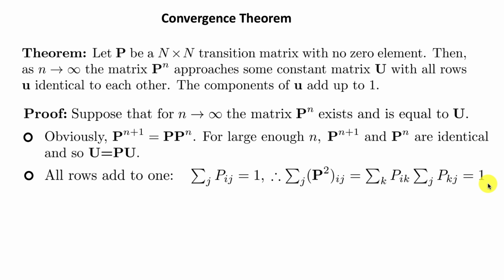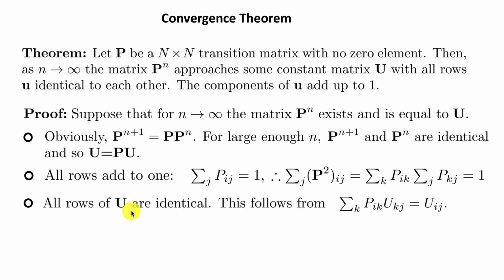Further, we can show very easily that all the rows of U are identical, and this actually follows directly from this relationship over here, which you can write as follows. So it's P into U, just the usual matrix multiplication, being equal to U itself. So take any fixed value of i, that will be the row i, the same i over here as is over here, and then these are simultaneous equations with identical coefficients from which it follows that every row of U is the same.